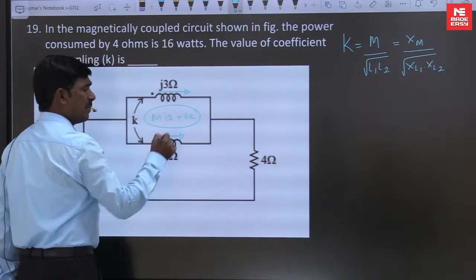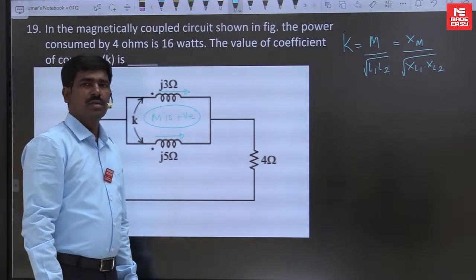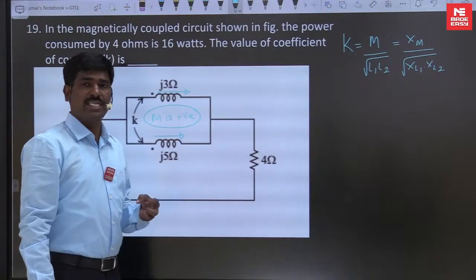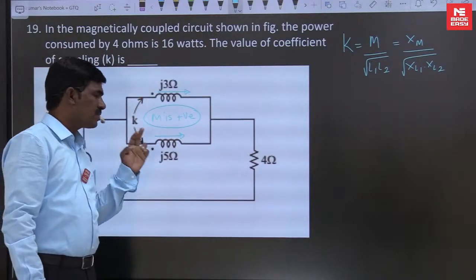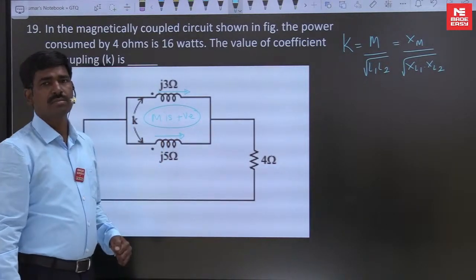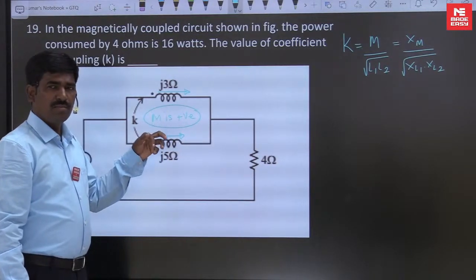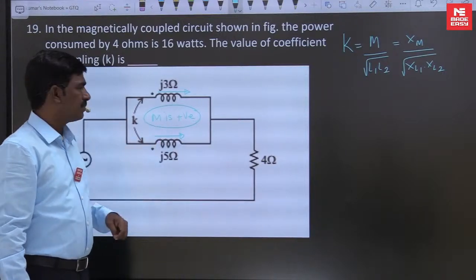M is always positive only, but the dots give information on whether the flux is aiding or opposing. Both currents are leaving or entering, so the mutual flux is always additive to the self flux.